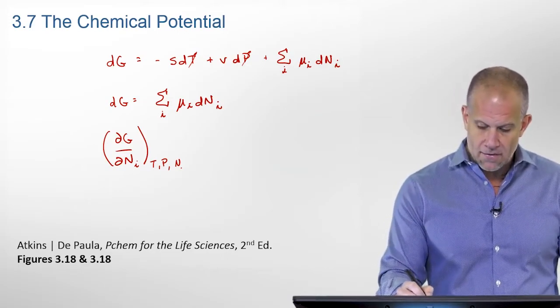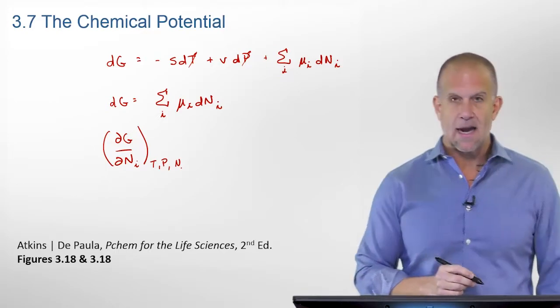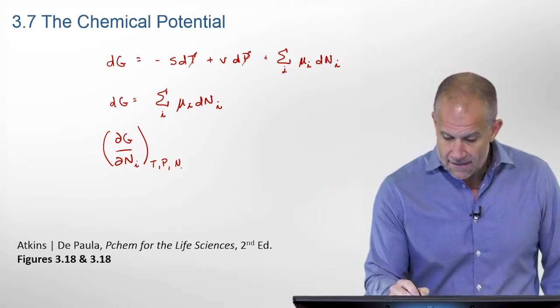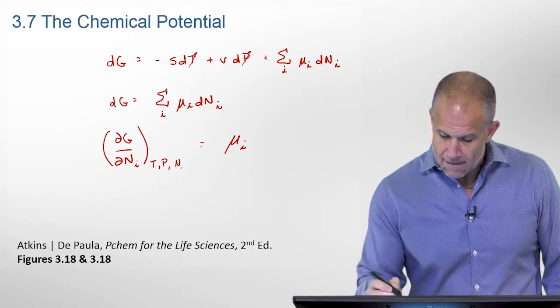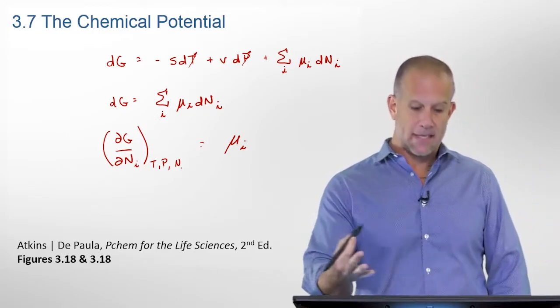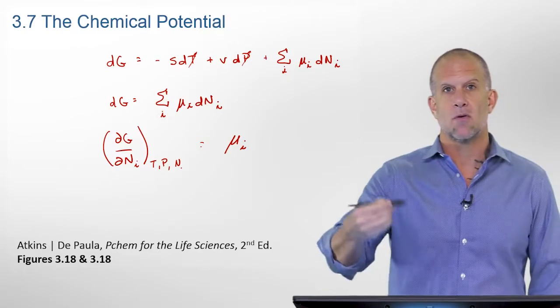So all other components except the ith component held fixed, and this will be equal to the chemical potential of the component, the partial molar quantity.